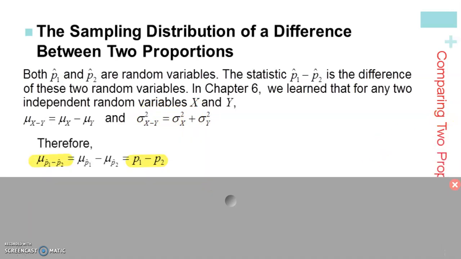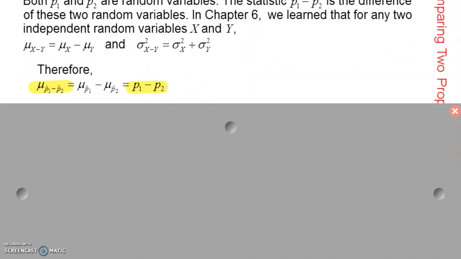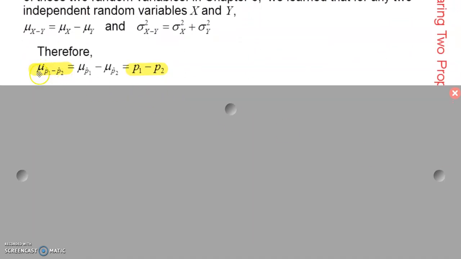Therefore, when the random variable is a p hat, the center of the sampling distribution of p hat 1 minus p hat 2 is equal to p1 minus p2.